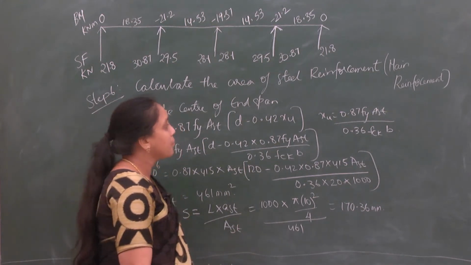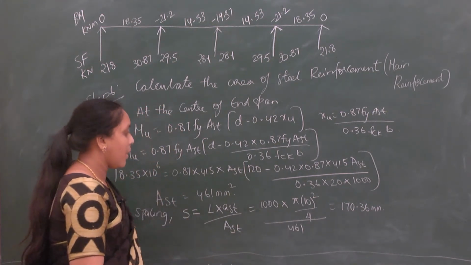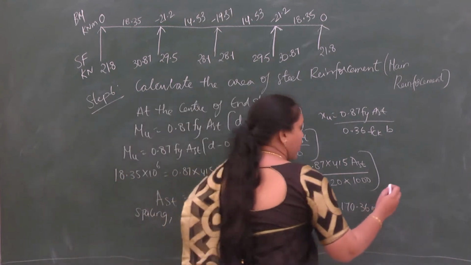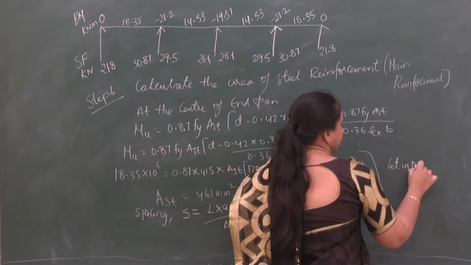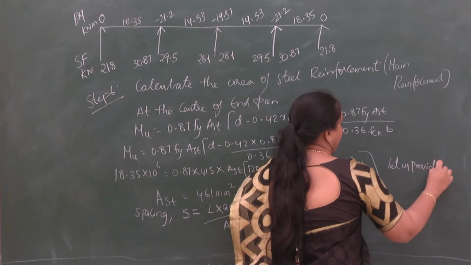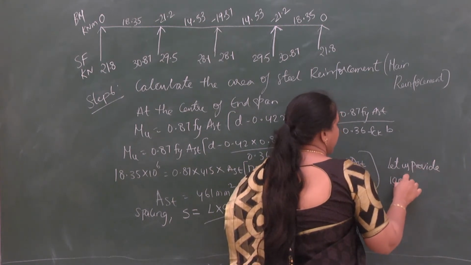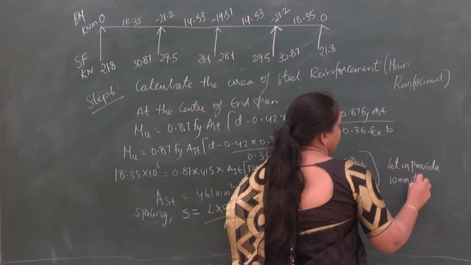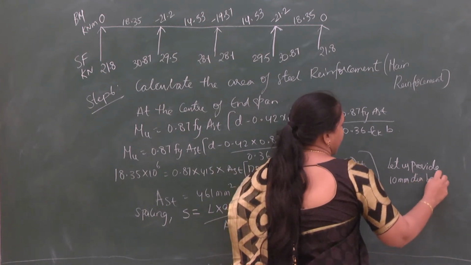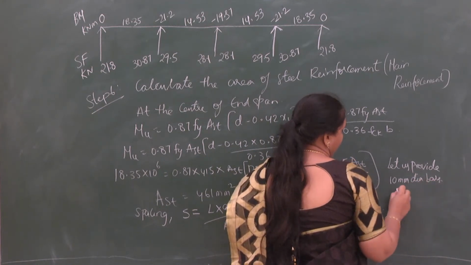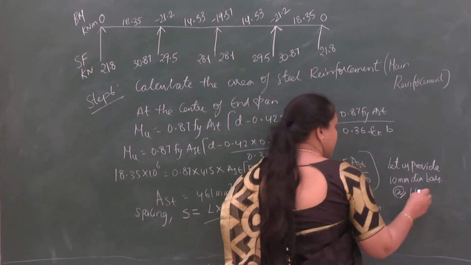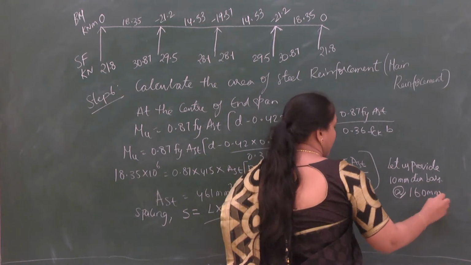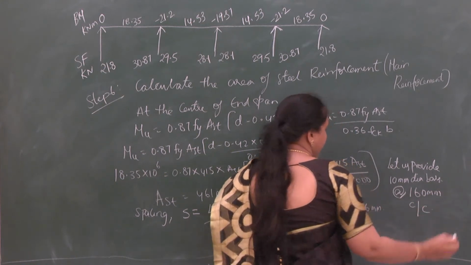So now, what? Now provide. So let us provide 10 mm dia bars at 160 mm center to center.